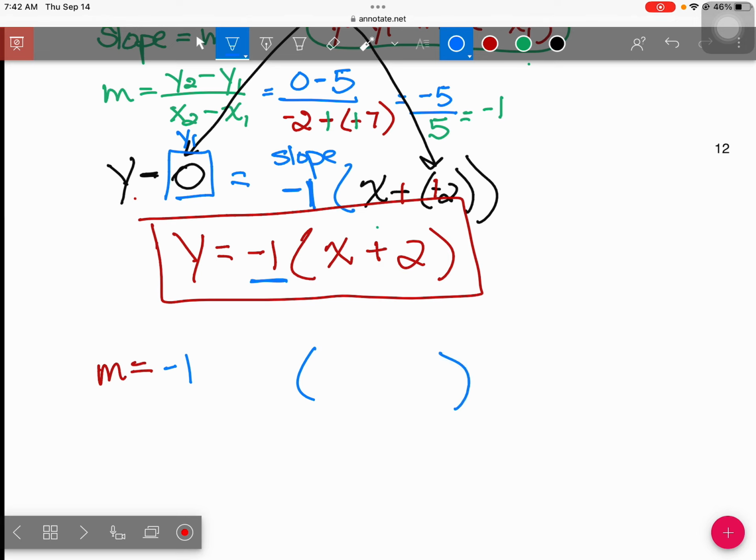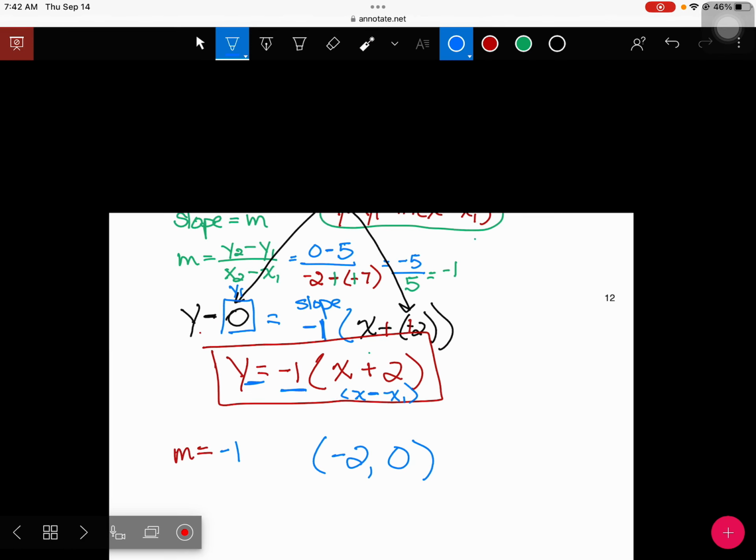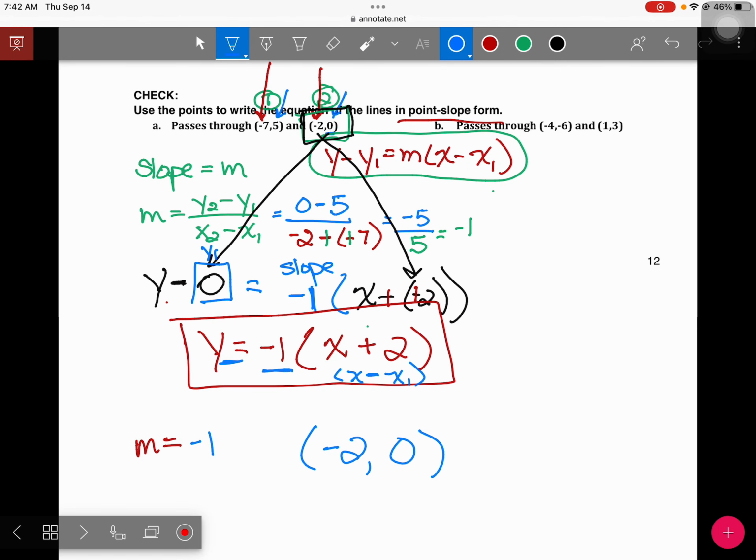Your x sub 1 value has to be x minus x sub 1, so this x sub 1 is going to be negative 2 because it's in the minus. And over here, there's nothing there, and that would be 0. We know that's right because that's what the point was up here at the top. Yes?